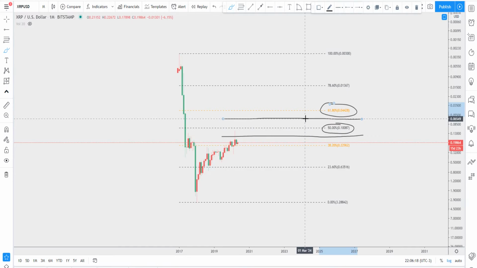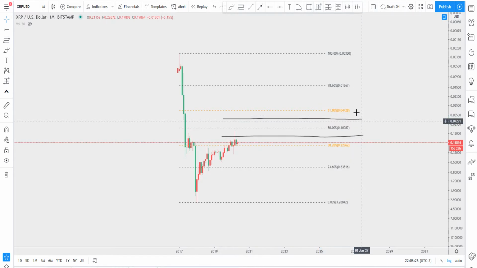This is the rule. Like this scenario here, let me delete these. At this scenario right here, we were rejected. The rejection was based also on weakness, also on Bitcoin, and also on the 50% of this level.